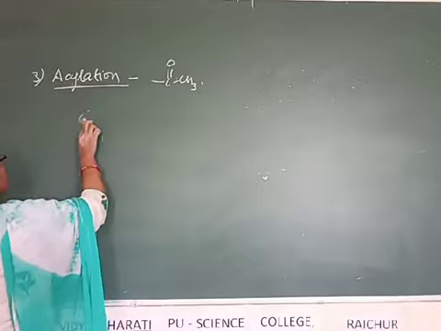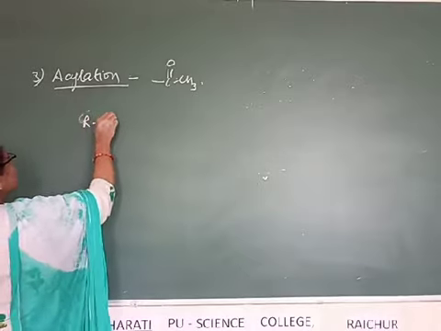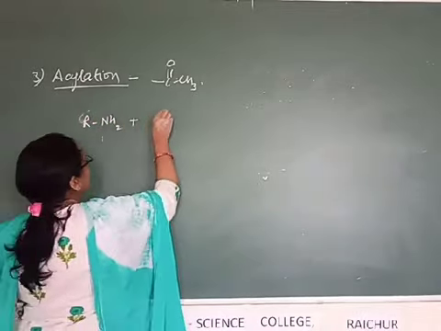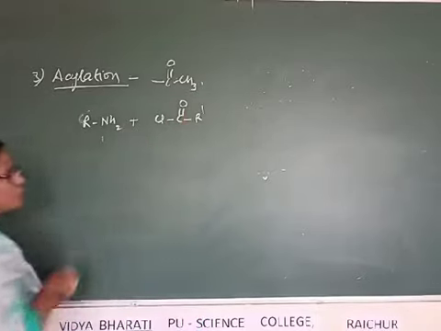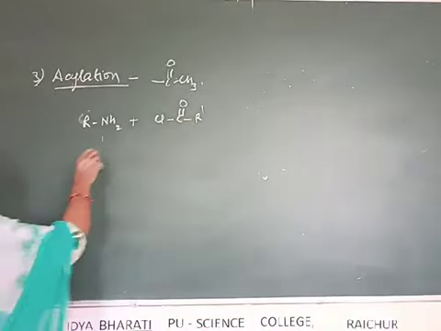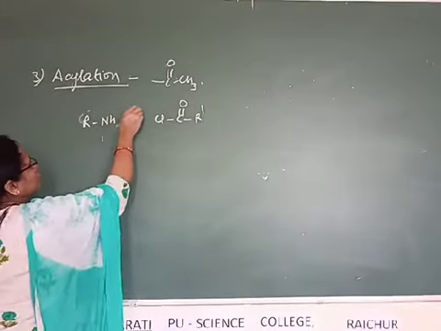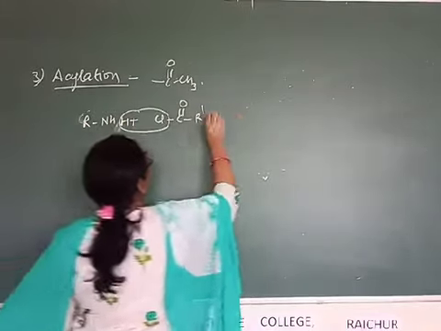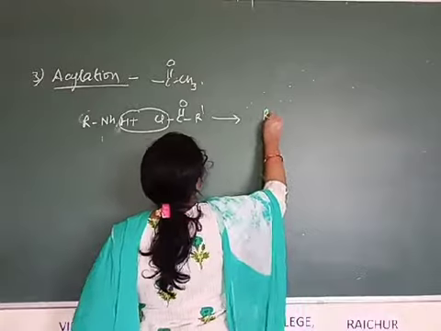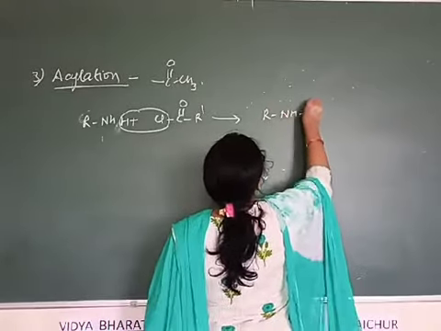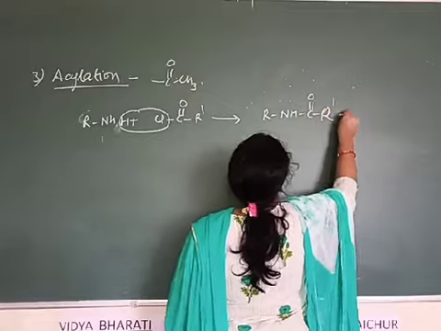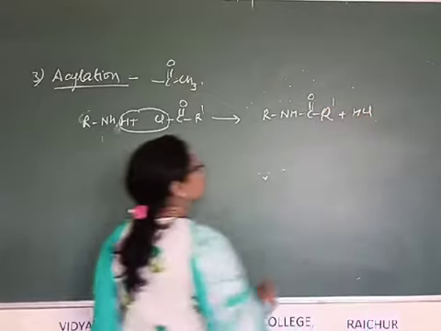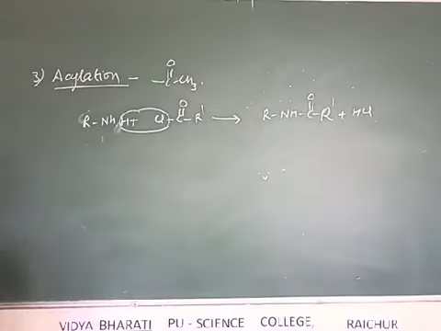Suppose we have the general reaction RNH2. When you treat it with acid halide, R-COCl. Okay. So HCl will be removed and this acyl group will be introduced. COR is the acyl group.